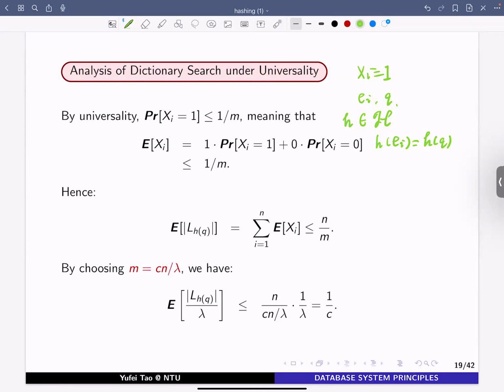So our beautiful H has this property, universality property, and therefore we know from the definition of universality that the probability of this is at most 1 over m. So that's how we got this part. And now you plug this in, and so we are able to get a very nice fact. So the expectation of xi is bounded by 1 over m.